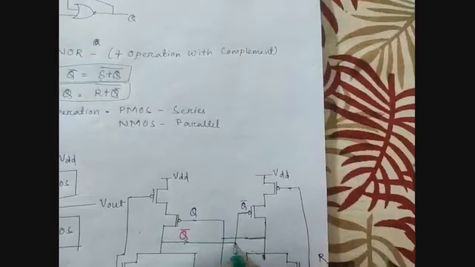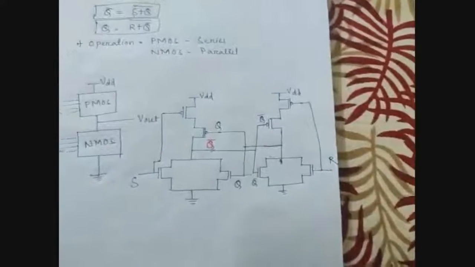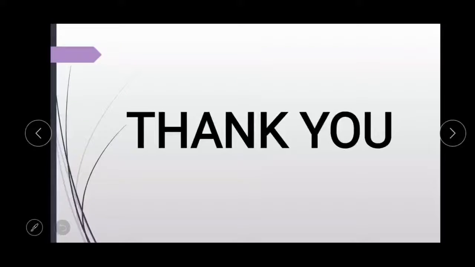So in R, where R is given as input, the output is Q. So we connect it with Q, and this one is with Q bar. Okay, so the circuit is complete. This is all about the CMOS SR latch using NOR gate. Thank you.